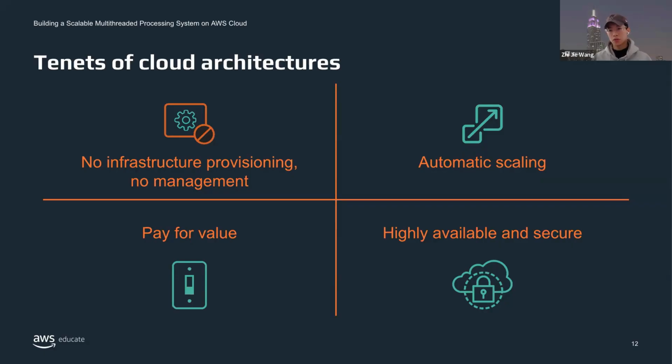Also, automated scaling: we can set up auto scaling on AWS, and whenever we reach a huge amount of usage, it scales. And also we can pay for each value we produce. Every connection, every data usage, every bit of computing power we use, we only pay for that.